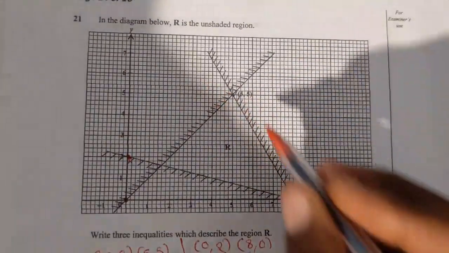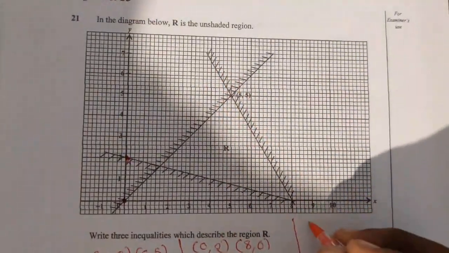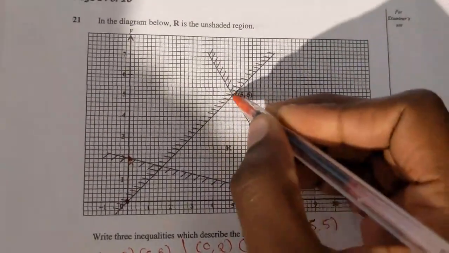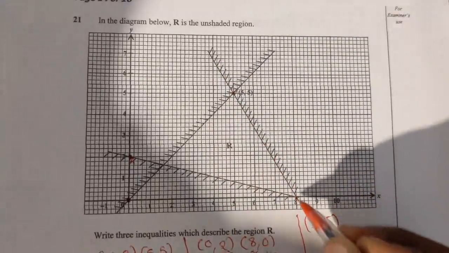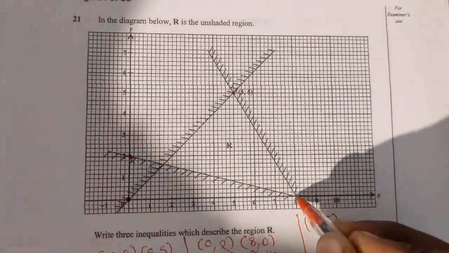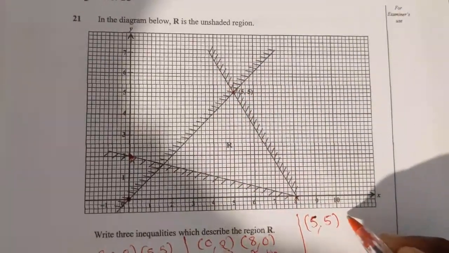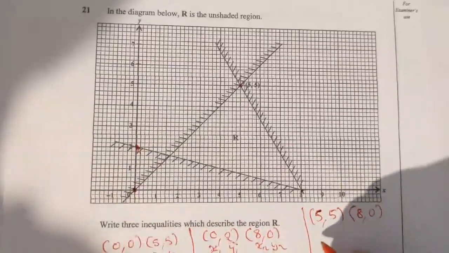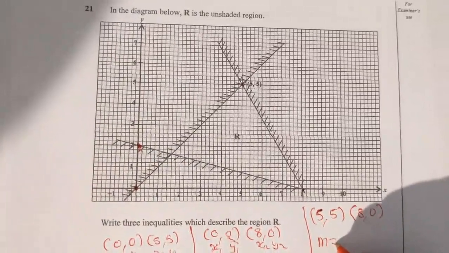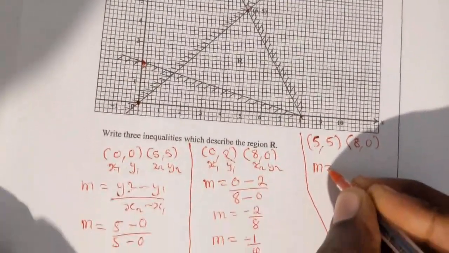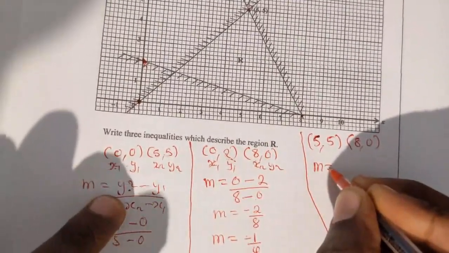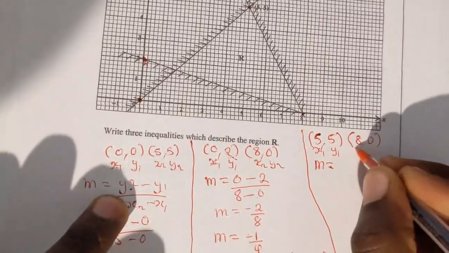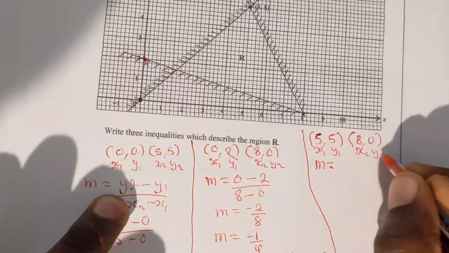All right, coming to the other one, which is this one here. This has 5, 5. I'm getting it from here, on this line. It also has this one again, so we have 8, 0. You find the gradient. M is equal to, you know the gradient formula, y2 minus y1 over x2 minus x1, with x1, y1 and x2, y2.